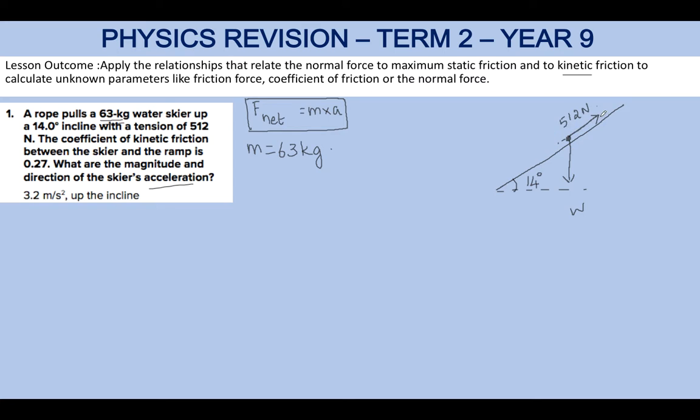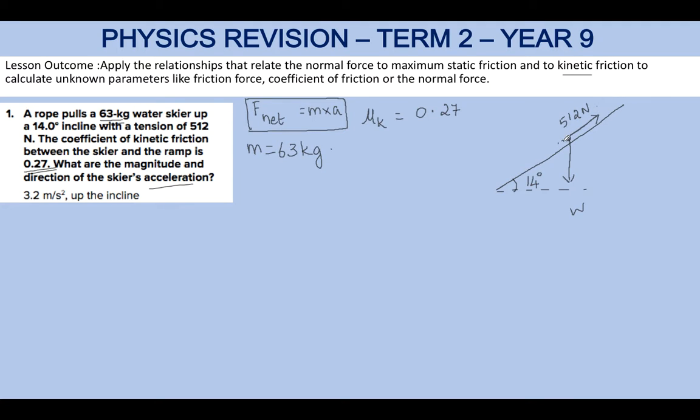The coefficient of kinetic friction between the skier and the ramp, mu k, is 0.27. What are the magnitude and the direction of the skier's acceleration?